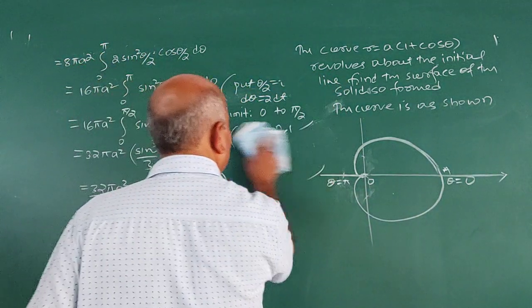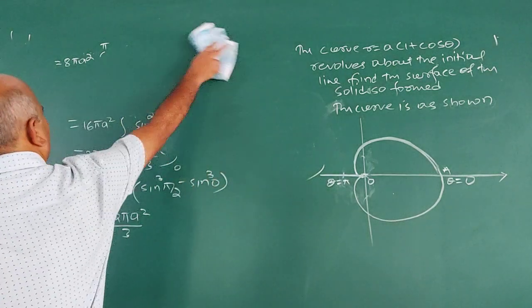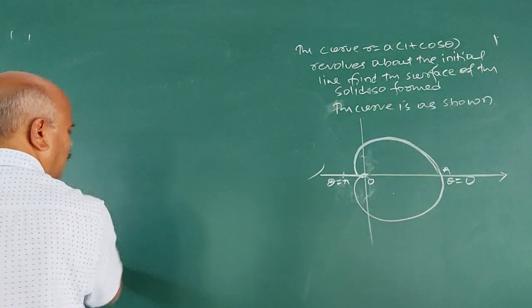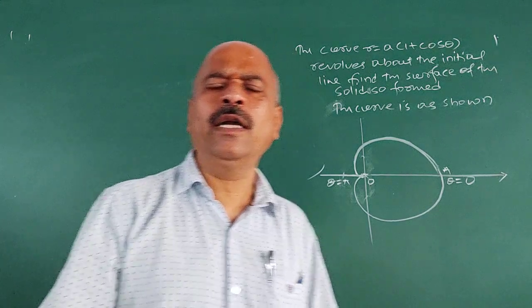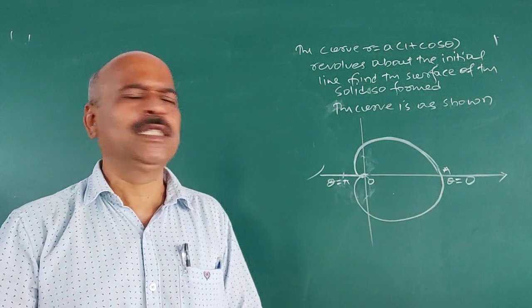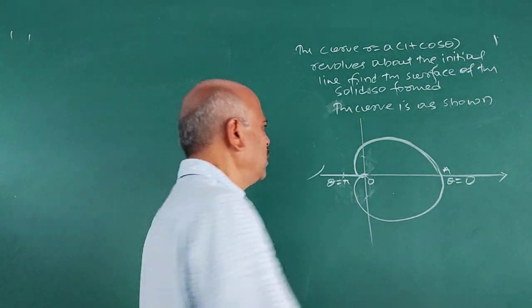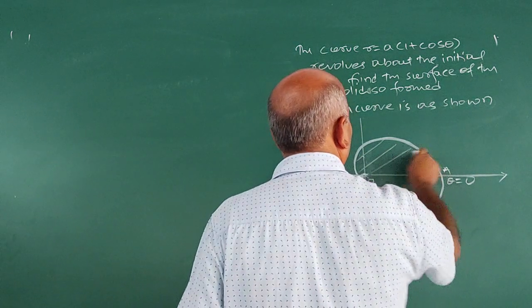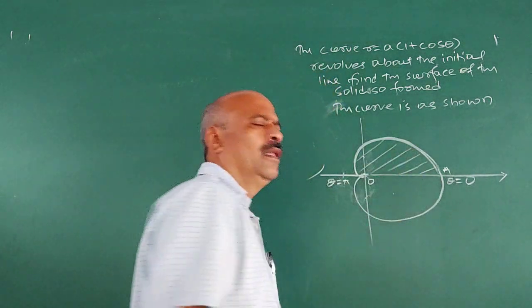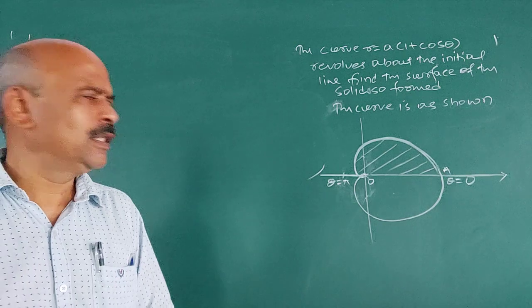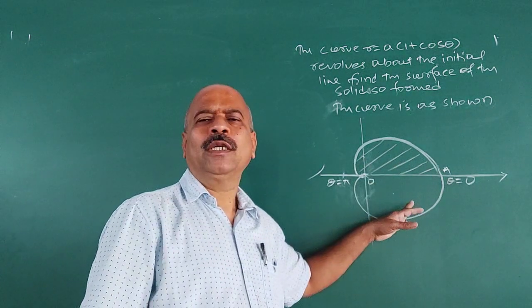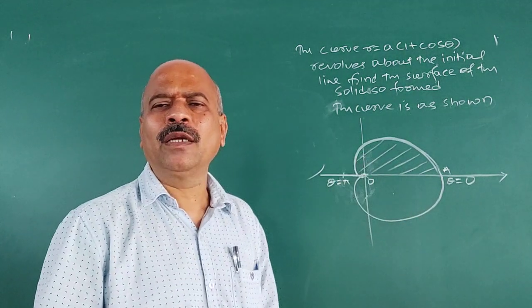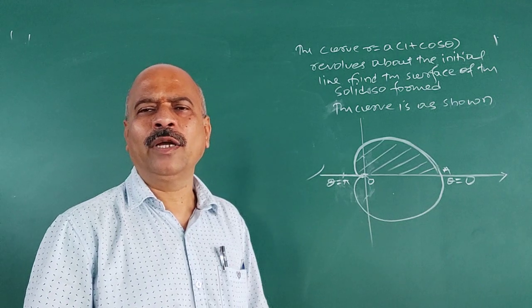Since this cardioid is symmetric about the initial line, the solid obtained by revolving only the area of the curve above the initial line is the same as the solid obtained by the complete area of the cardioid.